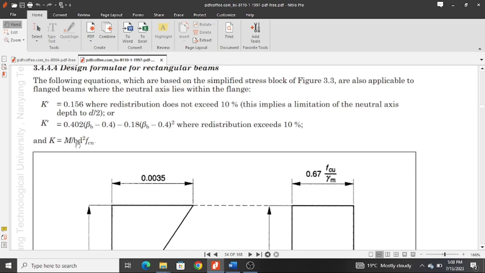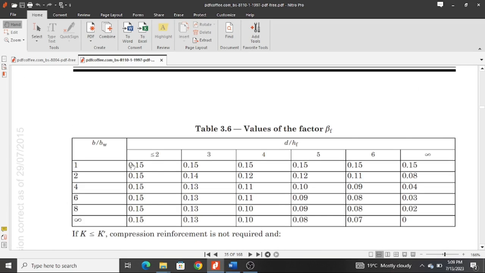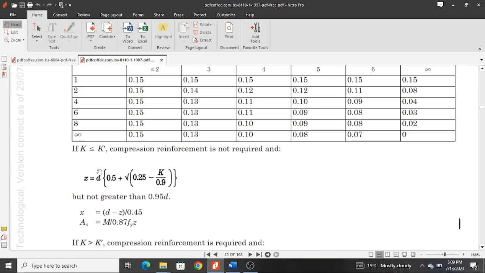Then of course we have also been given the formula for determination of K, which is right here, M over BD squared FCU, which is exactly this one, and we have been able to determine our K. We were told that K' was 0.156, so our K was less than K'. That is why compressive reinforcement was not required.